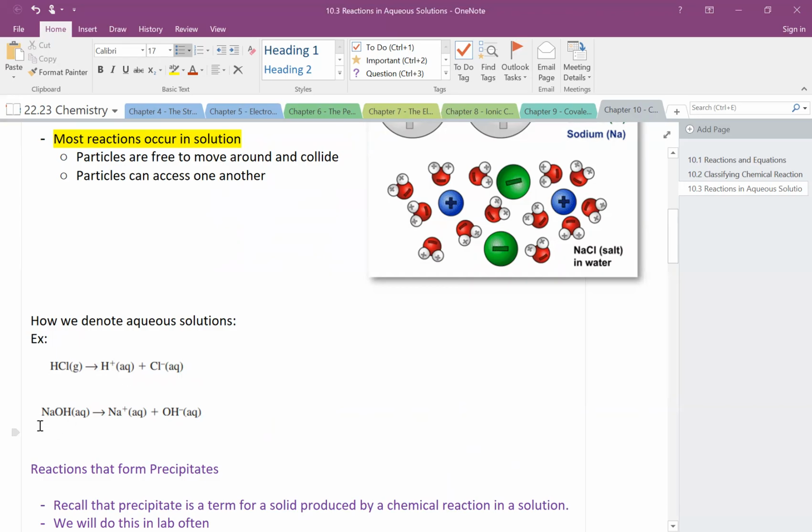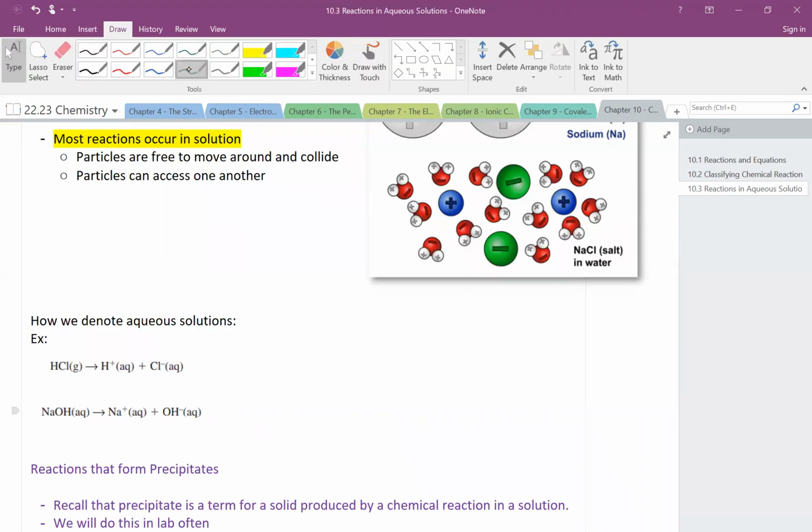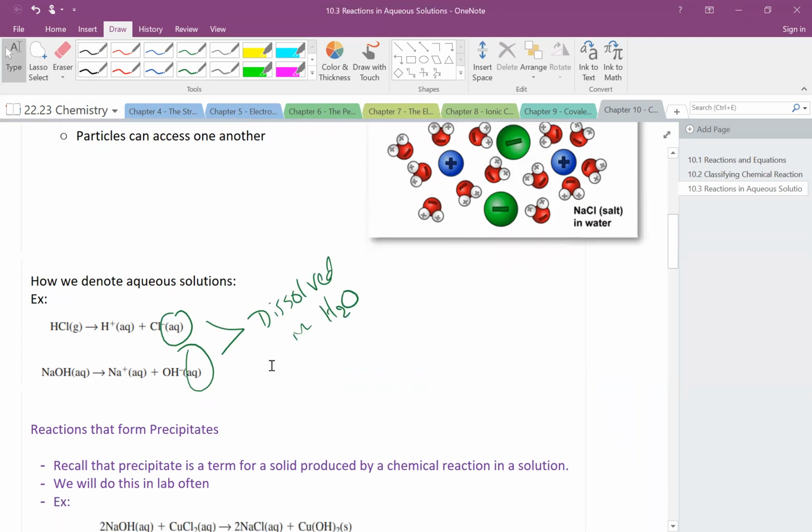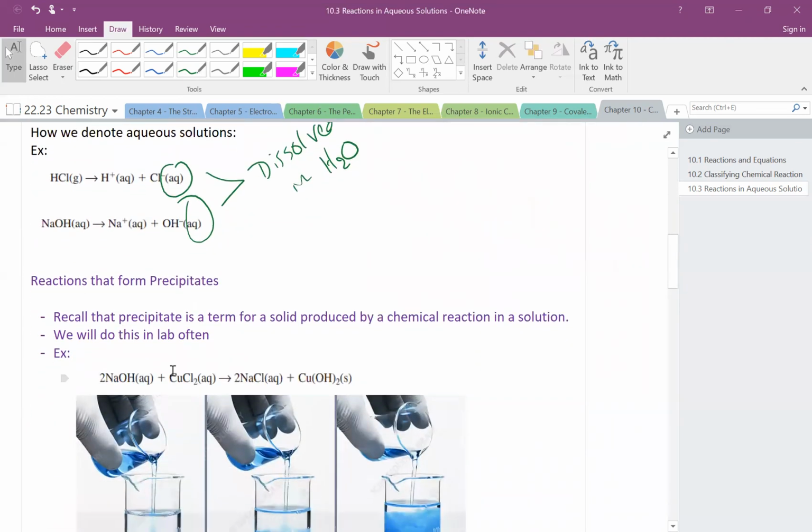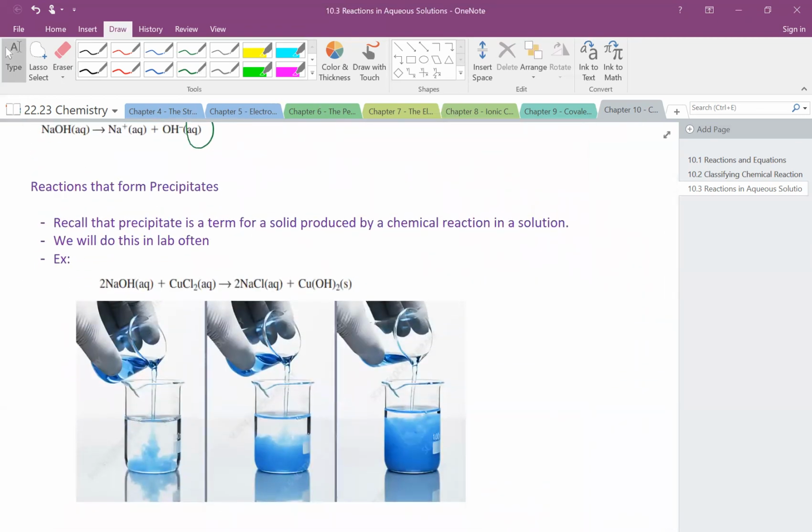You can see that also with our sodium hydroxide in the example below. AQ means dissolved in water. So I'll just make a note quick: AQ means dissolved in water. All right, so that's how we denote it. Cool. So moving on, let's talk about some specific types of reactions that you might see in aqueous solution.